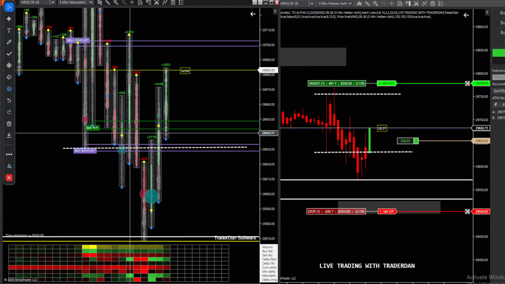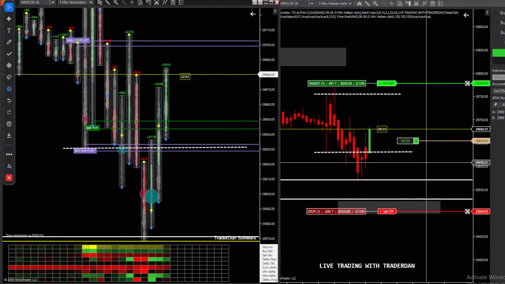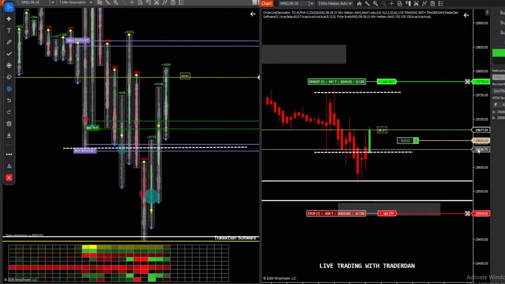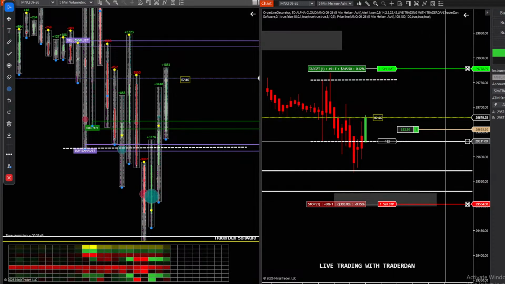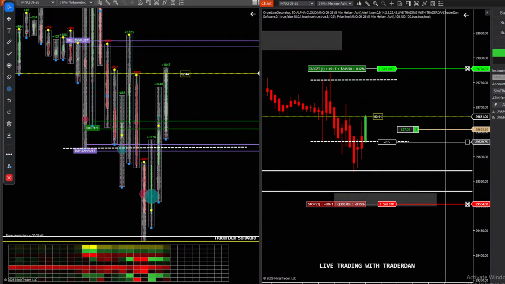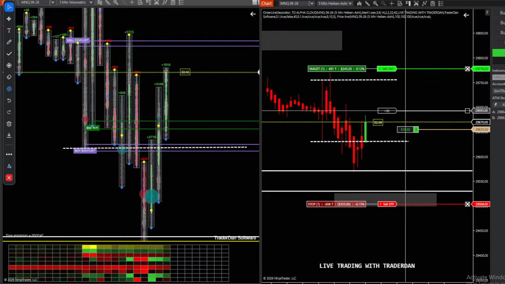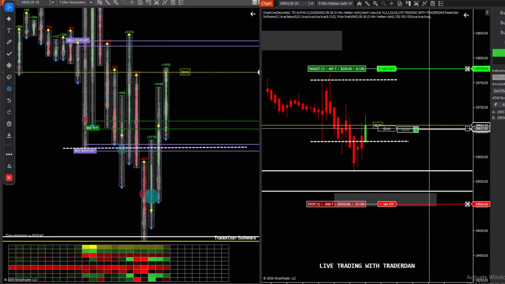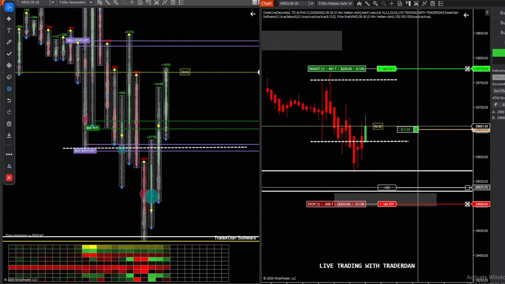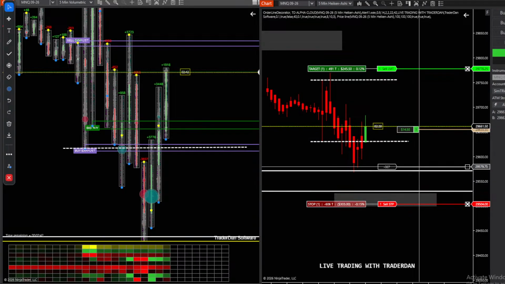A lot of sell side liquidity here. This is where they ate us up last time. We couldn't get through this level, so... Can we punch up through it?